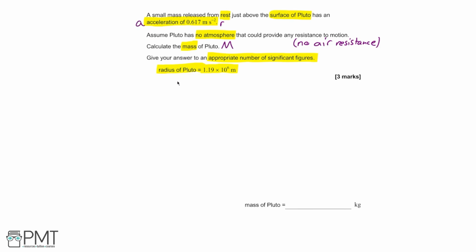So the natural choice for gravitational problems that has both the mass and the distance between 2 objects in it is the gravitational force or the potential. But because we're told acceleration as well, we know that we probably want to be using Newton's second law. So we want to be using gravitational force here.